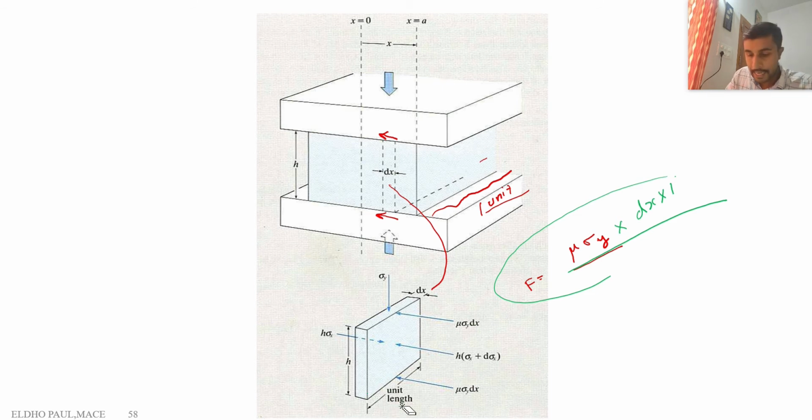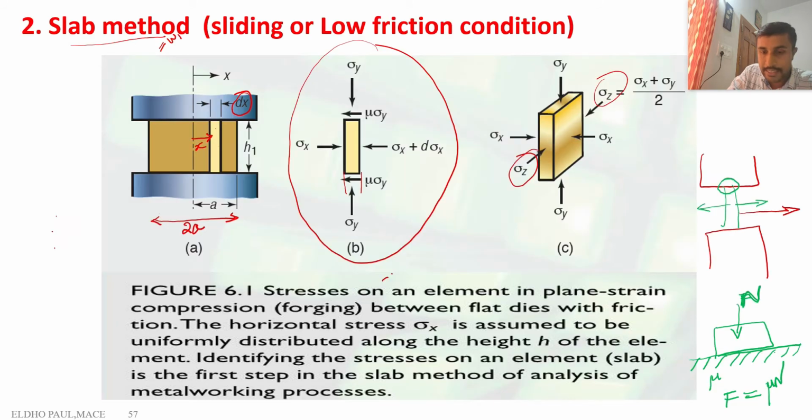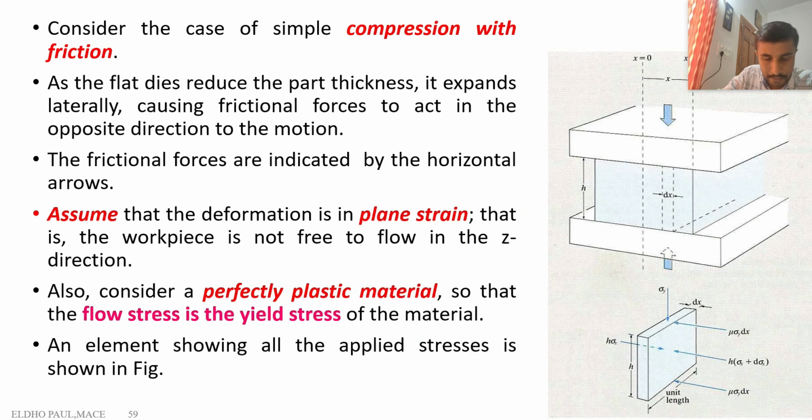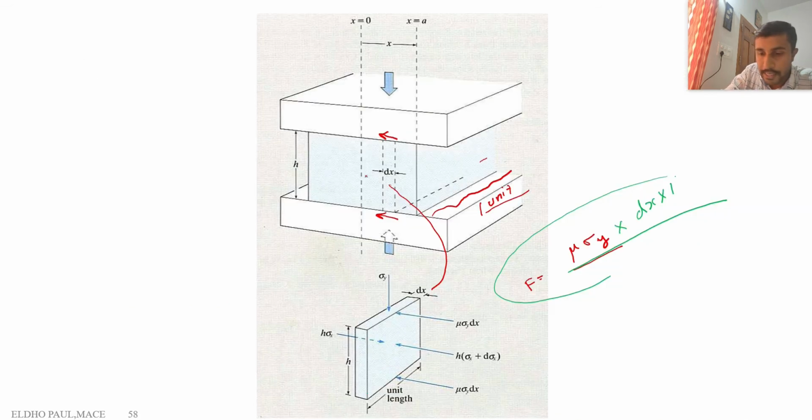Then in this element, in the previous figure, sigma x is already acting. What is the corresponding force? Sigma x is acting here, and the force is stress into this area.